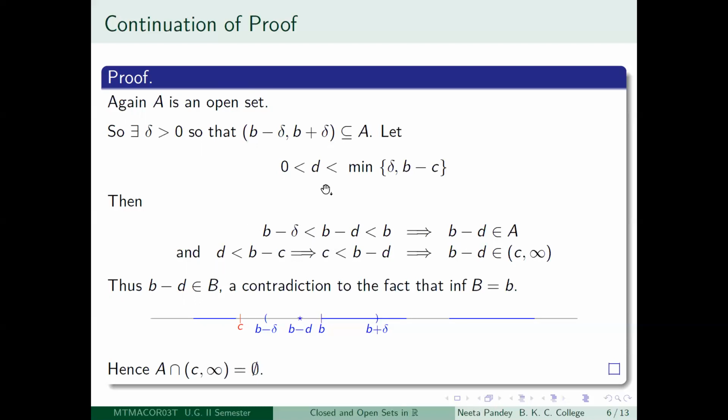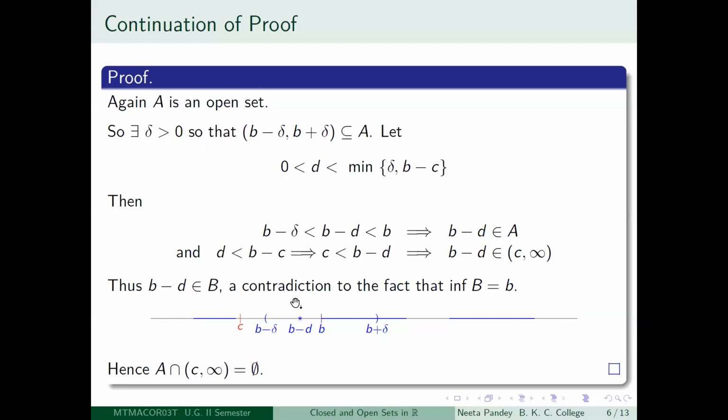Also, you have that d is less than b minus C. This implies, by a simple manipulation, that C is less than b minus d. So b minus d is in the open interval C to infinity. Therefore, b minus d belongs to capital A and to the open interval C to infinity, which means it belongs to the intersection, that is, b minus d belongs to capital B.